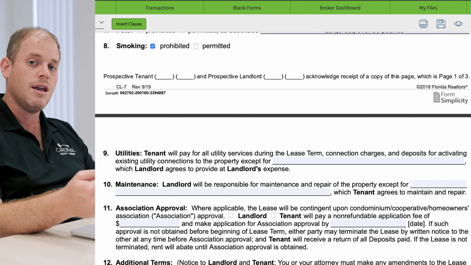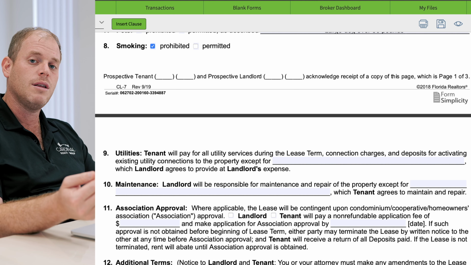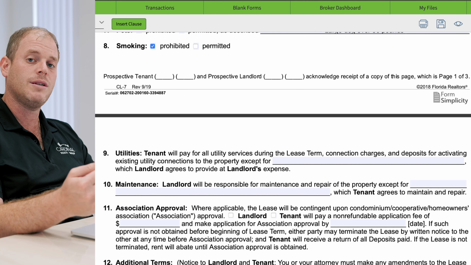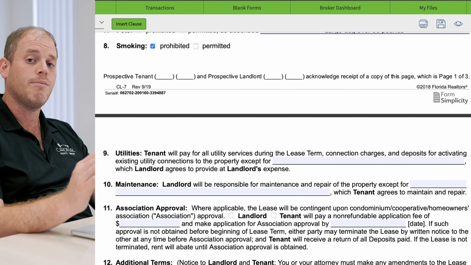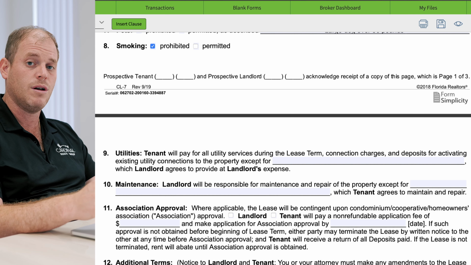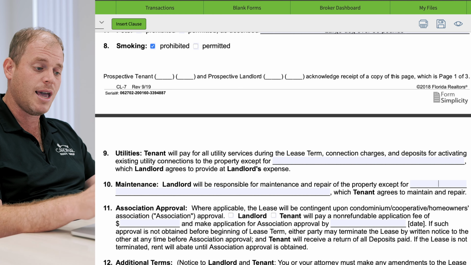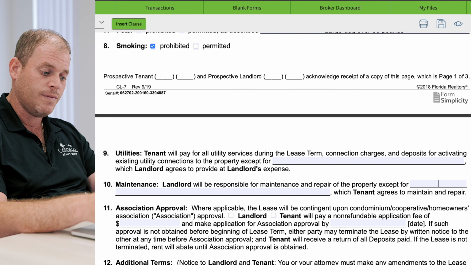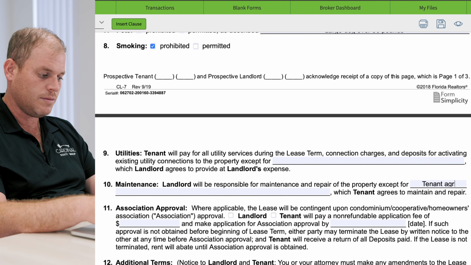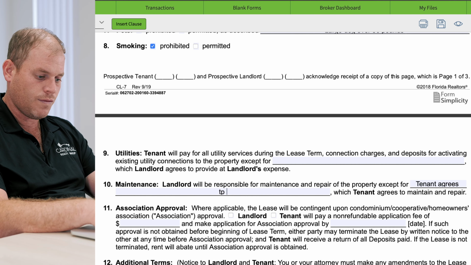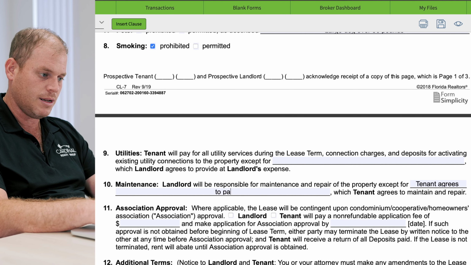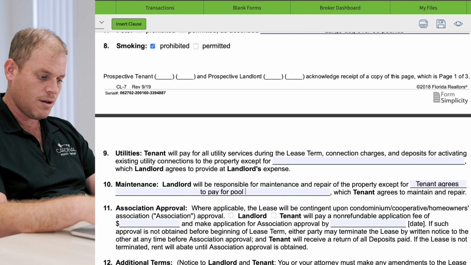Oftentimes you'll see if the property has a pool, the landlord will say, you know what, tenant, if it's fine, you can rent my house, but you have to maintain my pool. Okay, so you have to get a pool man and make sure that he comes and maintains it regularly. If that's the case, you would type in here, tenant agrees to pay for pool maintenance.